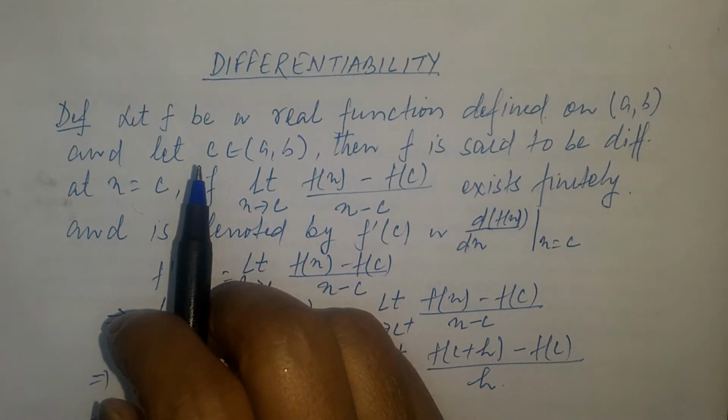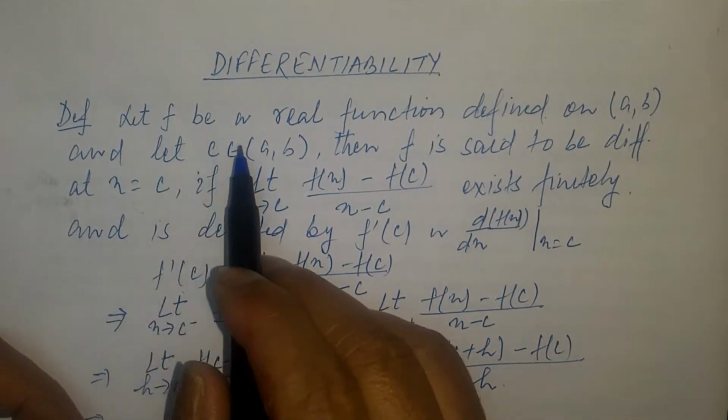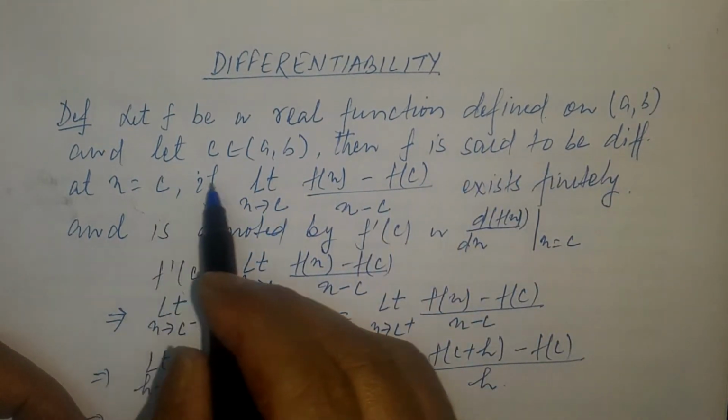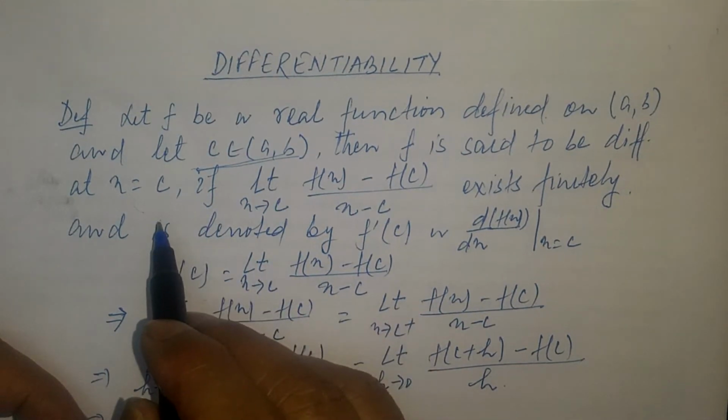Now first we will understand the definition of differentiability at a point. Let f be a real function defined on the open interval (a, b) and c is any point in its domain.